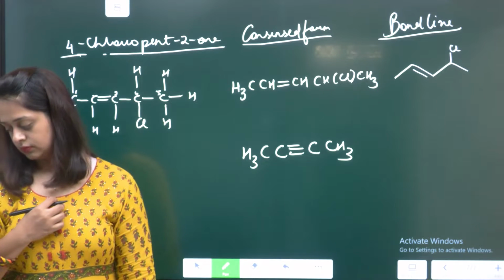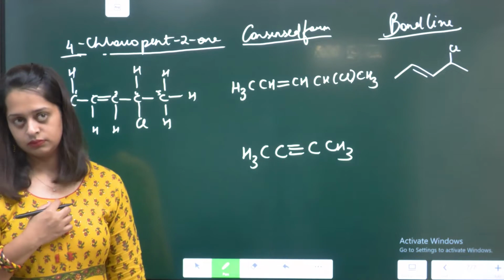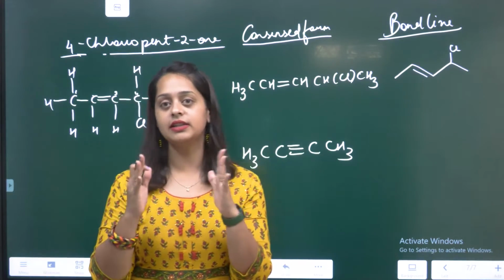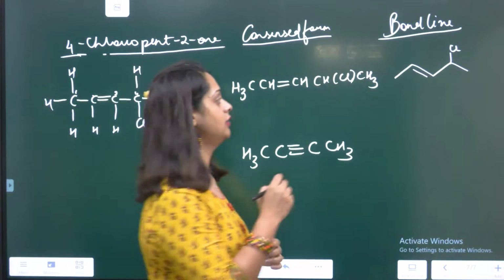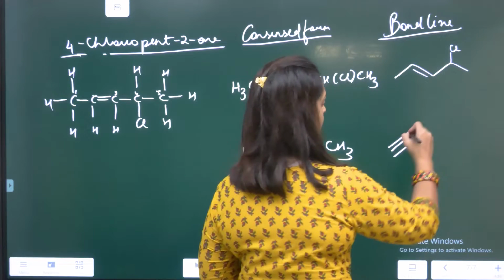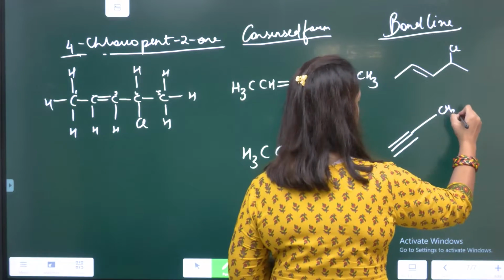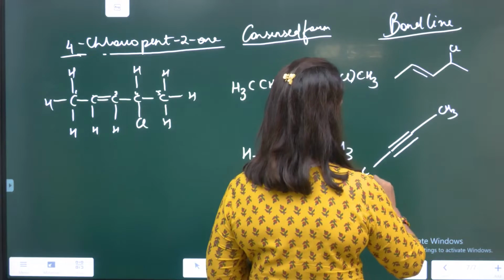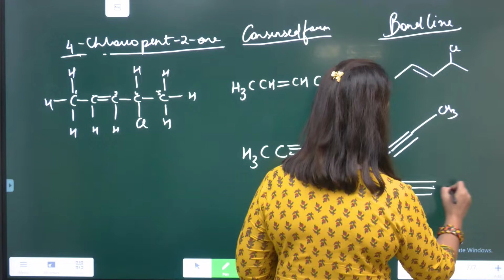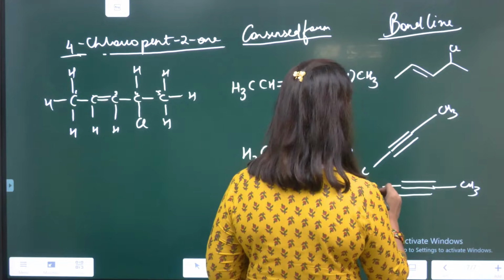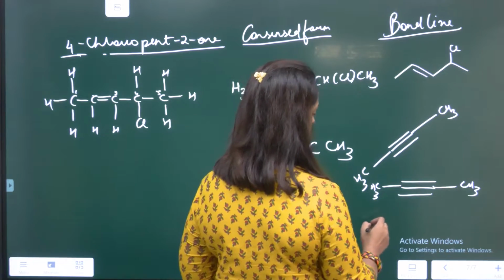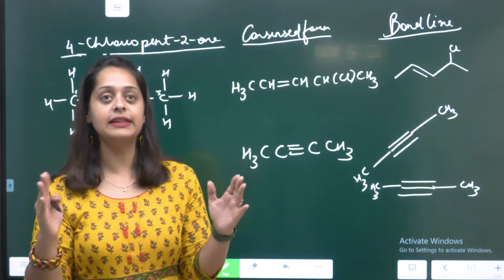One will be below the main bond and one will be above the main bond. So remember, the triple bonds are linear in shape, right? So they do not come like if you are drawing it like this, then the next bond will go like this, because this has to be linear. So when I am drawing the bond line structure, I will draw like this. Am I being clear? It will be lying in the plane.